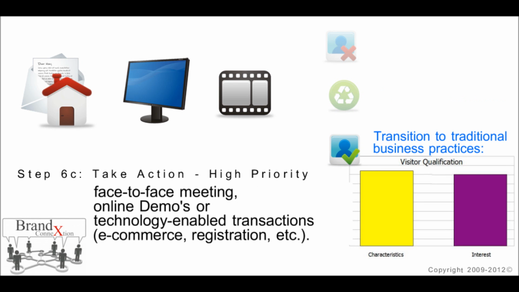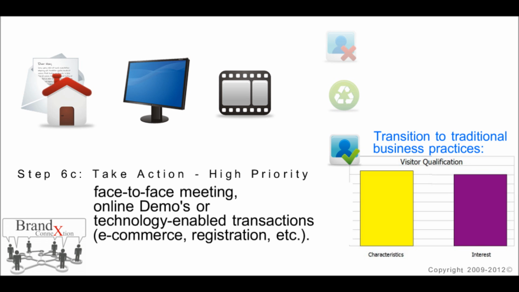Now, when we get to the high priority visitors, the people that have got a high characteristic, they have a high interest in what they've just seen, and they've interacted, they've gone down the site path that shows that they want to have a dialogue with your company, and they've identified an area that they're interested in, then we need to communicate and interact with them straight away.